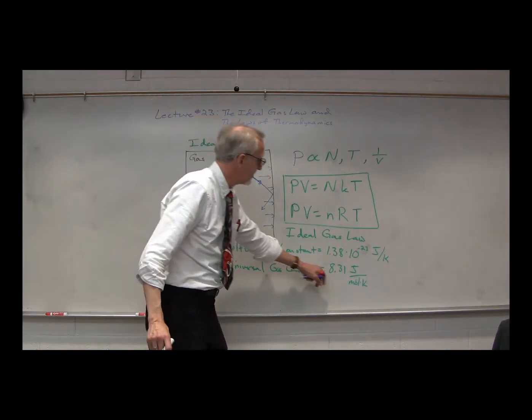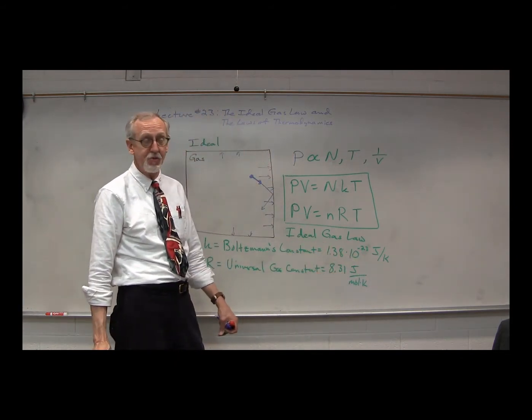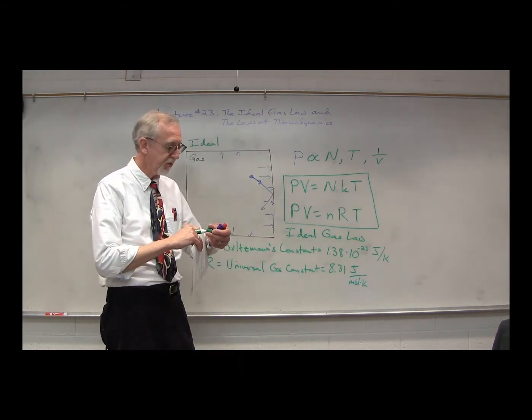So we notice the difference is this factor of moles. If you take 8.31, divide by Avogadro's number, you get 1.38 times 10 to the minus 23.